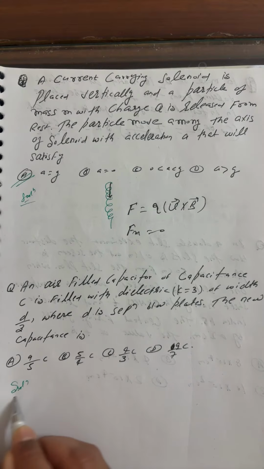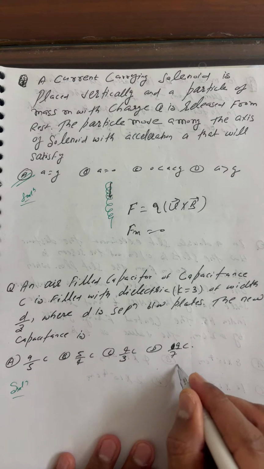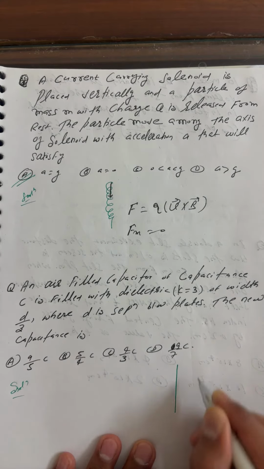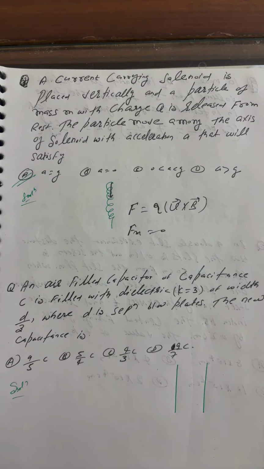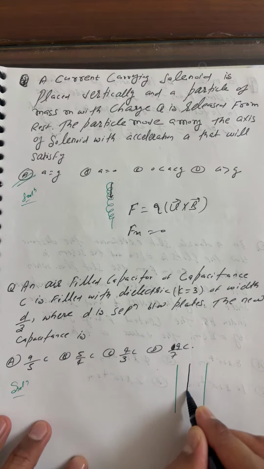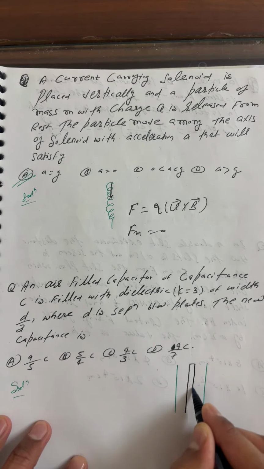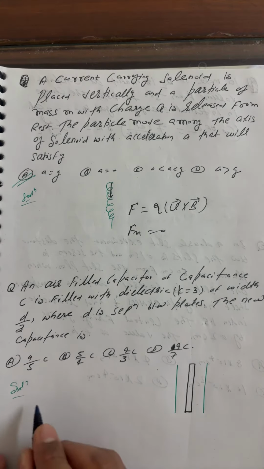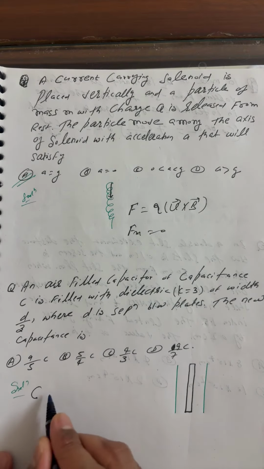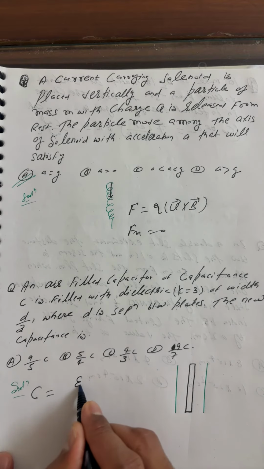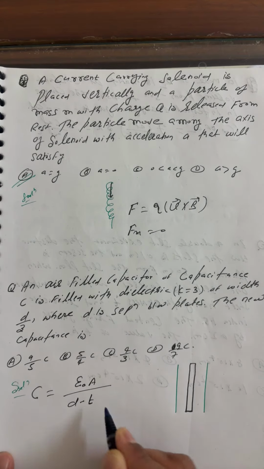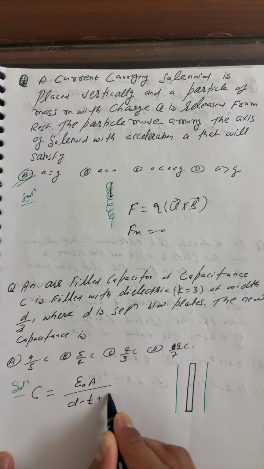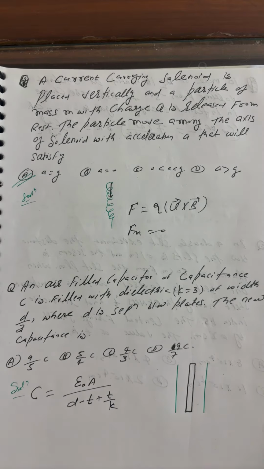It's a formula, just the insertion of a dielectric between the capacitor plates. This is the formula to get the answer for this question: epsilon into A by D minus T plus T by K, simple.